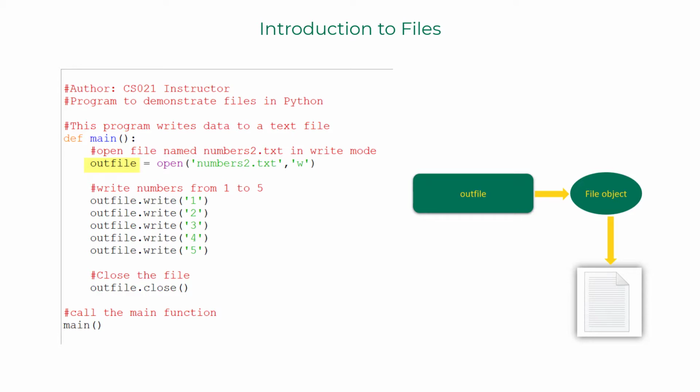Using methods, you can perform operations on the objects. For instance, you can write data to this file object this way. Alright, after writing the numbers to the file object, I have this line of code that closes the connection to the file object. This is very important.